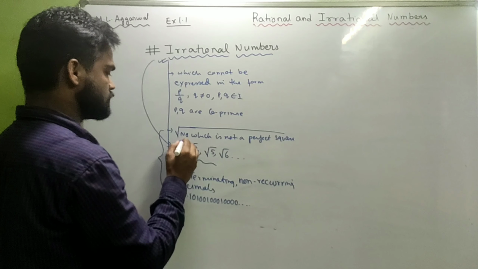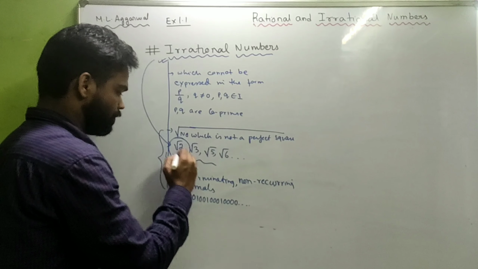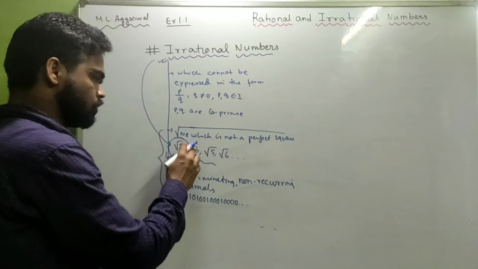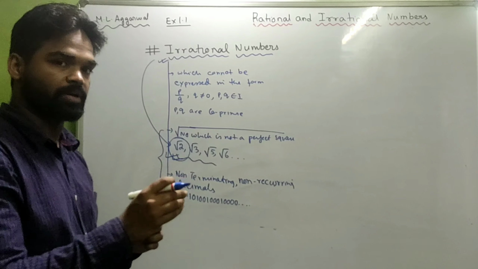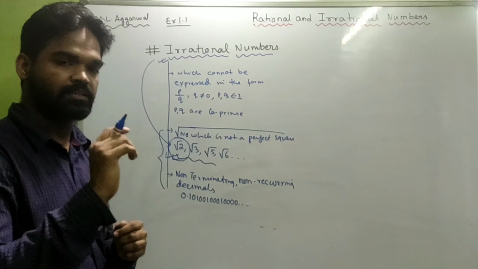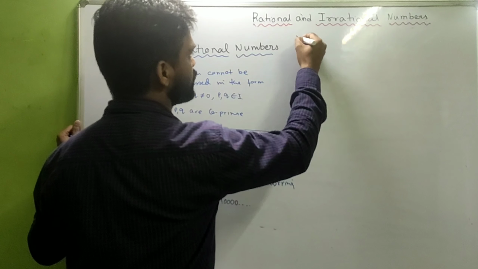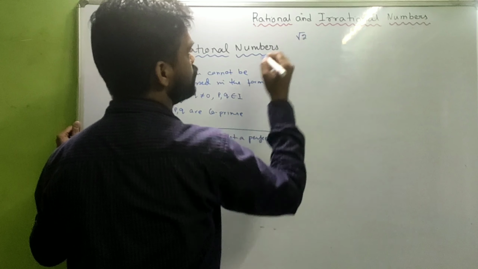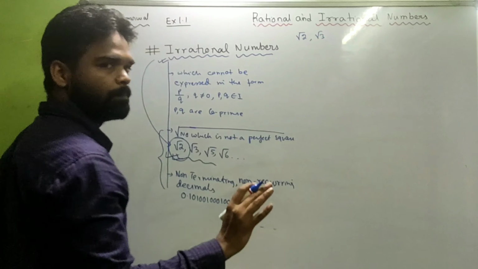Now the question arises, how to place root 2, root 3, root 5 on the number line, because these cannot be expressed in the p by q form. Over here we take the help of the Pythagoras theorem. Look how. Suppose I want to represent root 2 and root 3 on the number line.